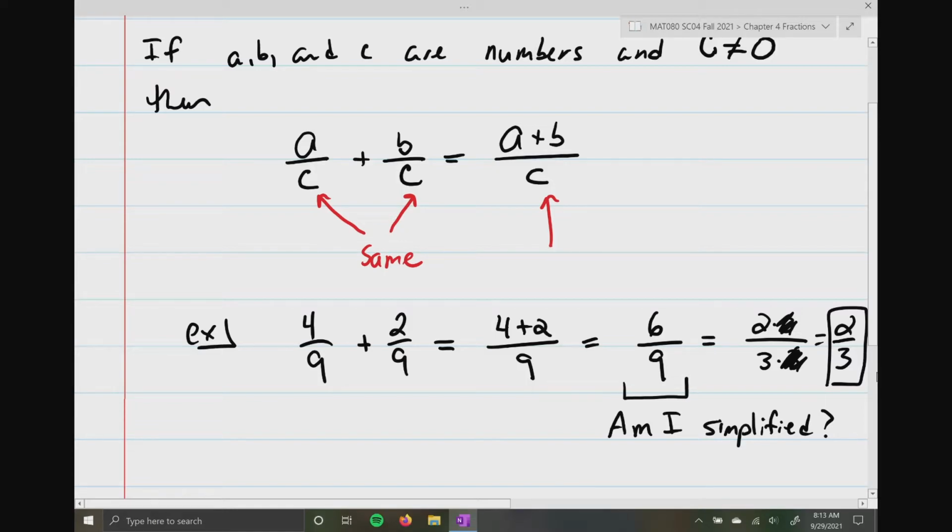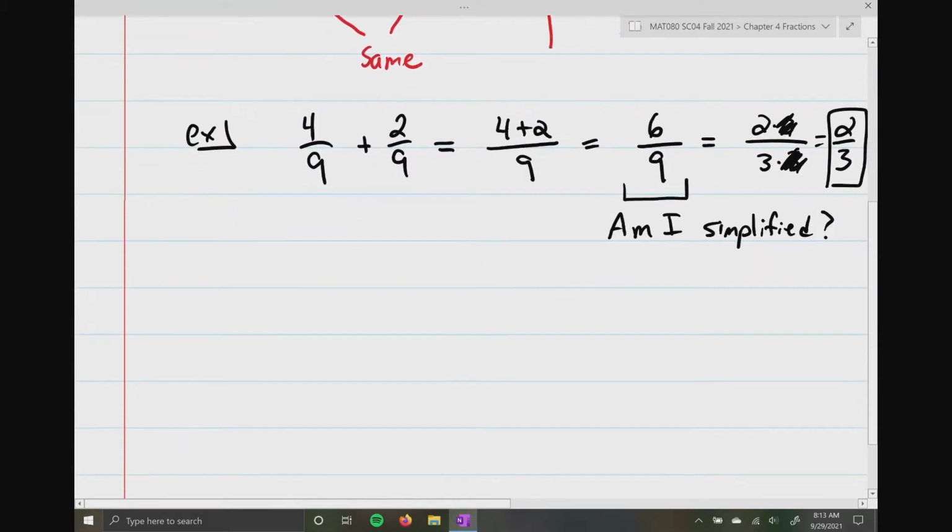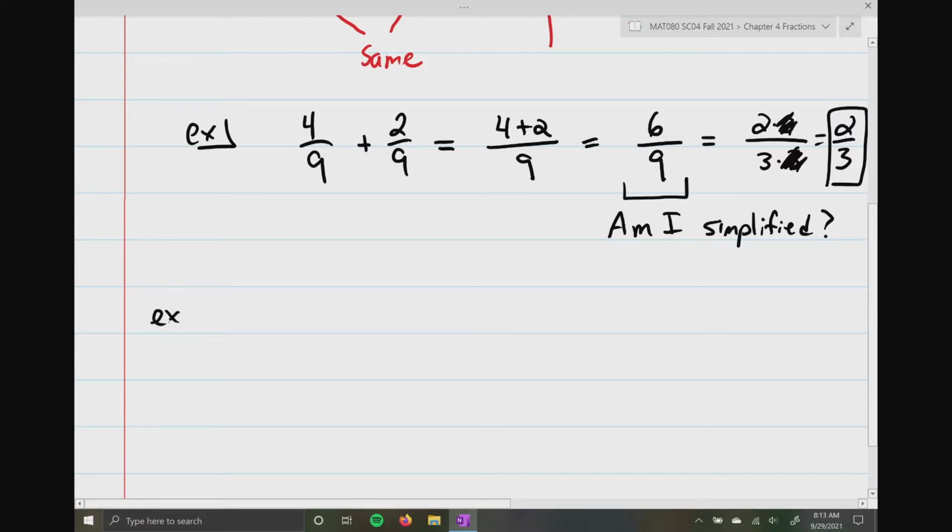These are the easy ones. We all wish life could be this simple. Okay? So let's just knock out a couple of these problems here. 3 over 6 plus 2 over 6.